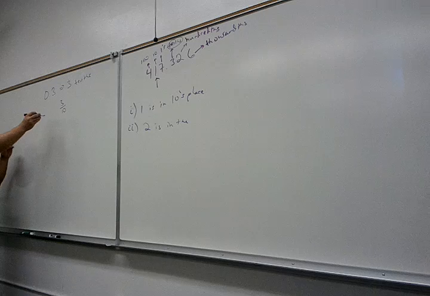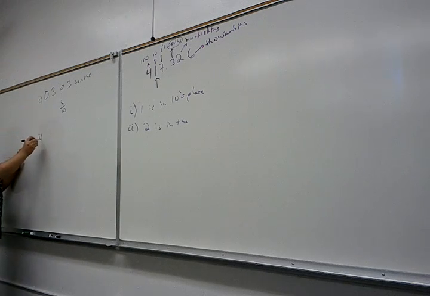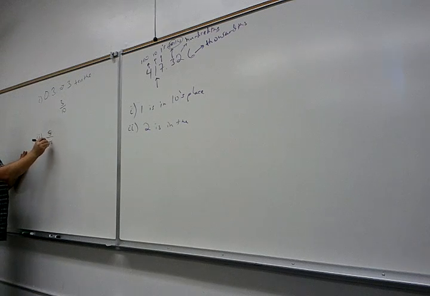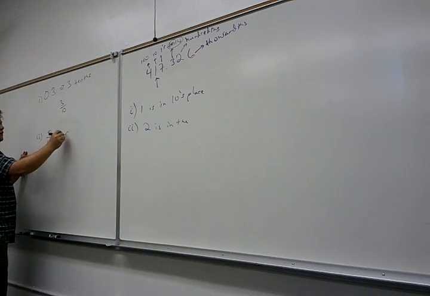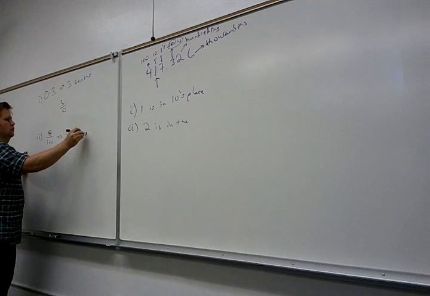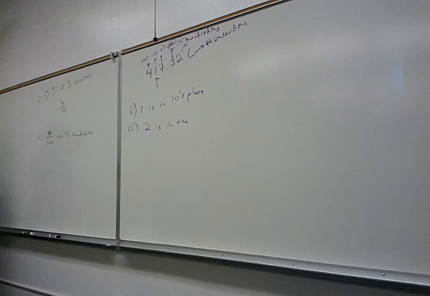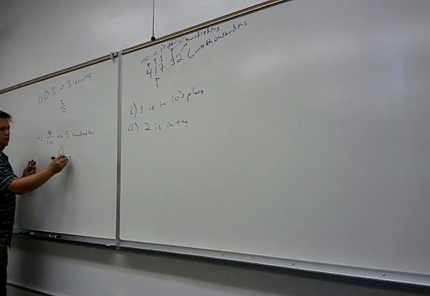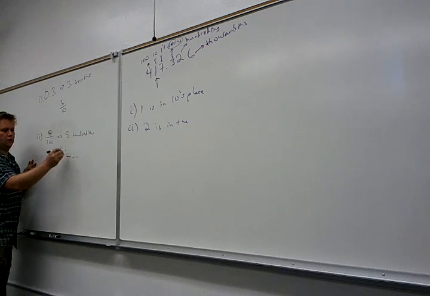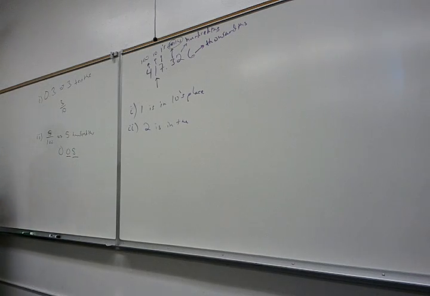So if I wanted to go the other way, if I have 5 hundredths. So in English, this is 5 hundredths. How would I write that as a decimal? I can't put it here. I have to put it here, exactly. So that's 5 hundredths.